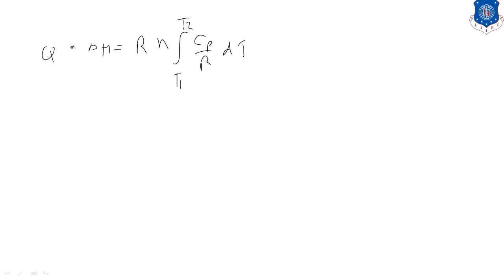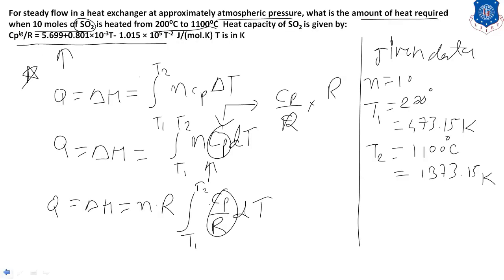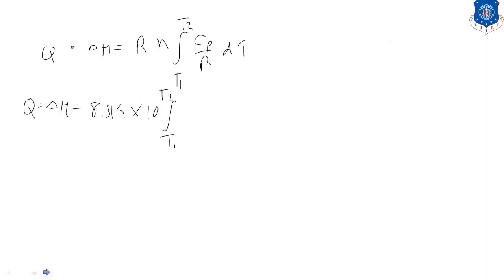So it becomes Q is equal to delta H is equal to value of R, which is 8.314 multiplied by 10, integration T1 T2 value of Cp upon R, which is 5.699 plus 0.801 multiplied by 10 raised to minus 3 T minus 1.015 multiplied by 10 raised to 5 T whole raised to minus 2.